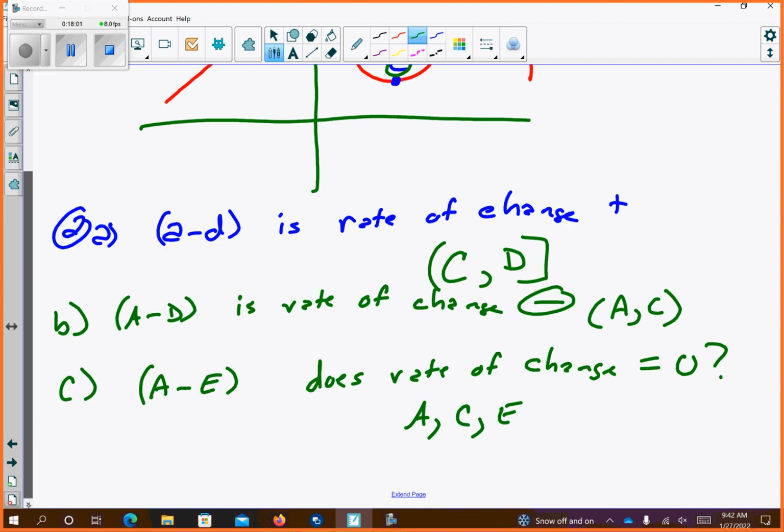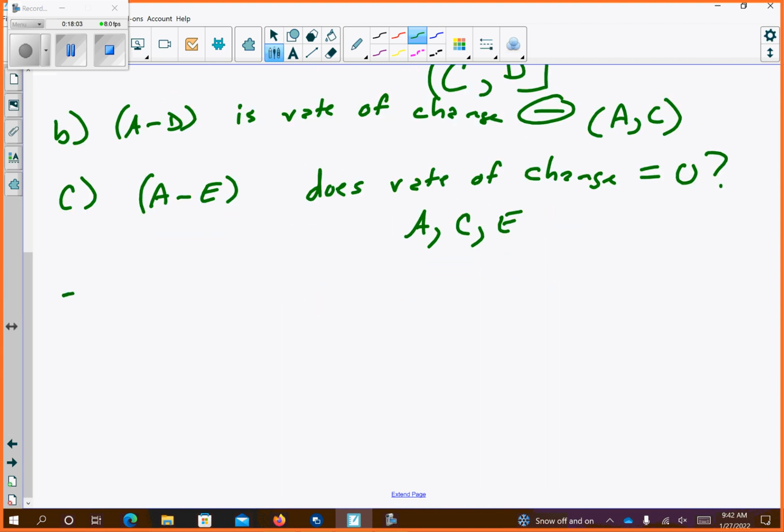And then, oops, I'll go back. And problem number 3 says, at what points A through E does the rate of change go from positive to negative? Where does it go from positive to negative?